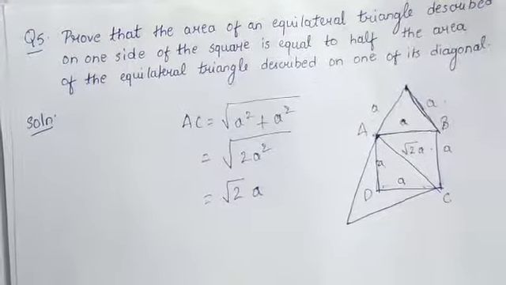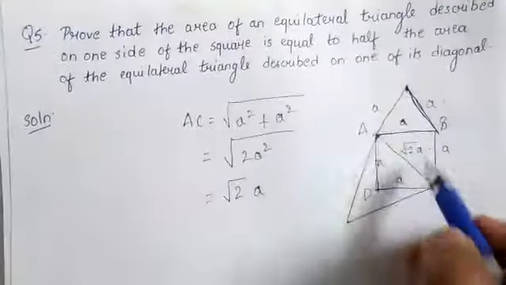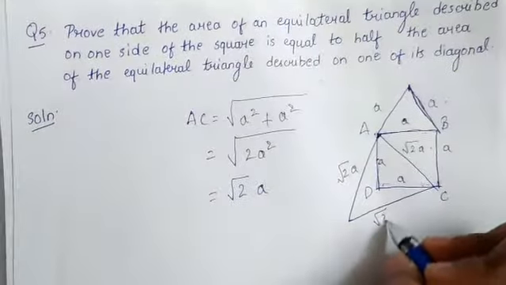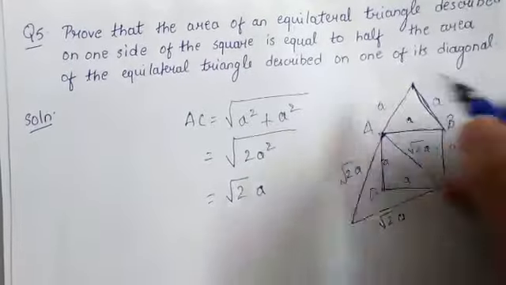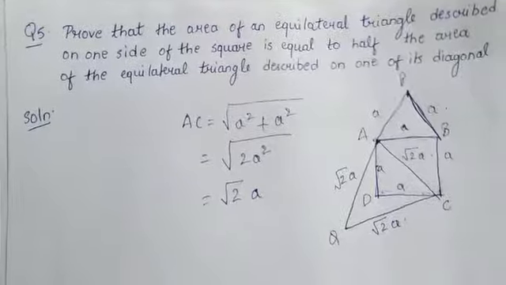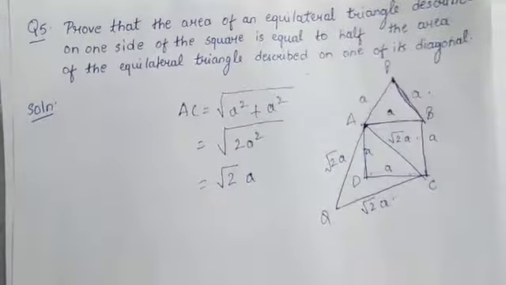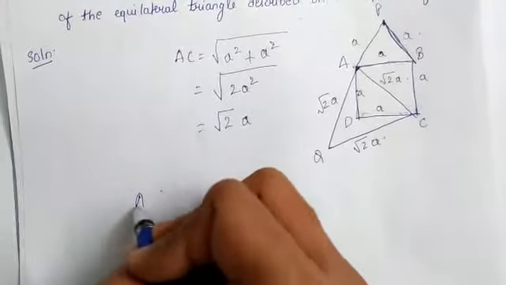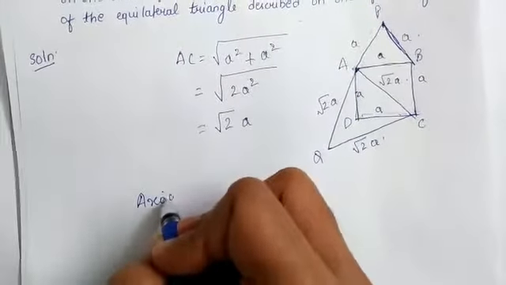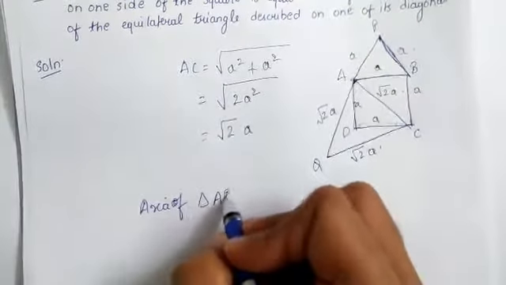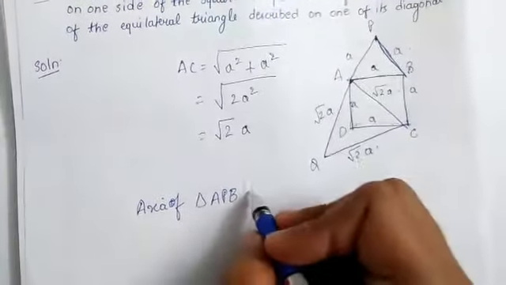So if the diagonal is root 2A, the sides of this equilateral triangle will also be root 2A. Let us name this also P and Q. We need to find the area of both equilateral triangles first, then we will equate. Let's say the area of triangle APB, the first upper equilateral triangle.